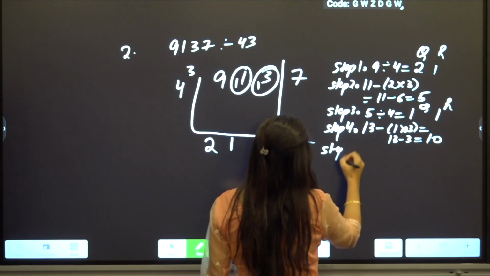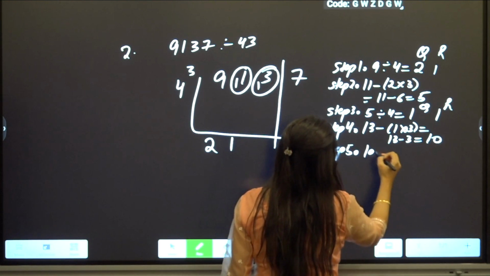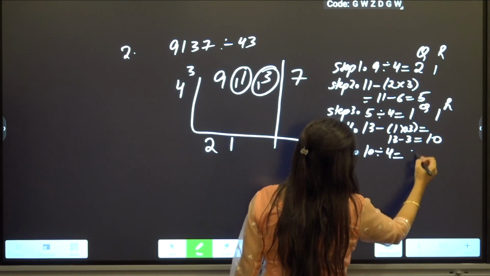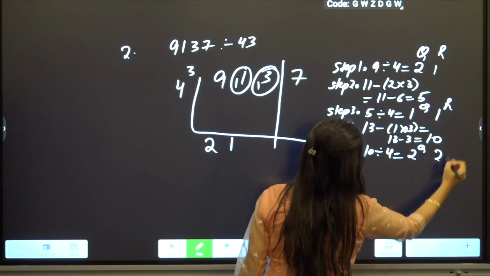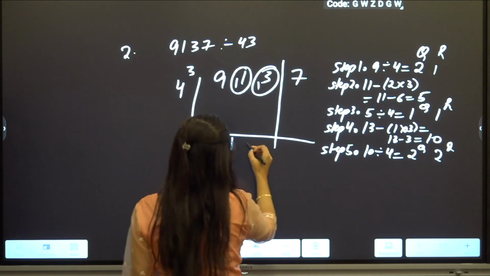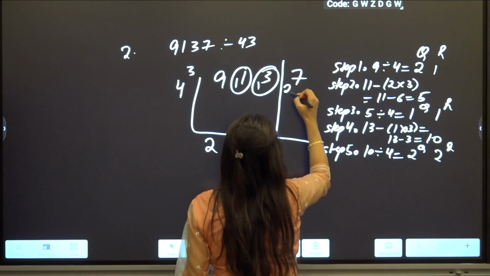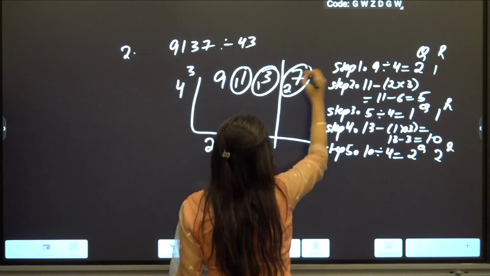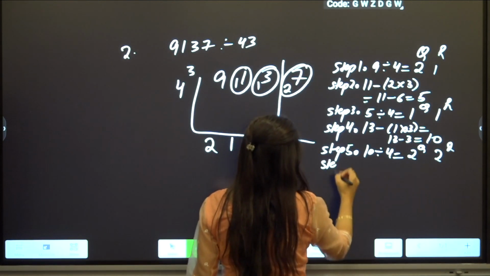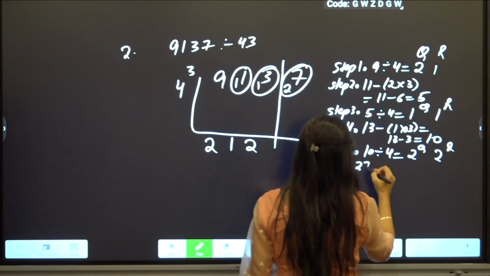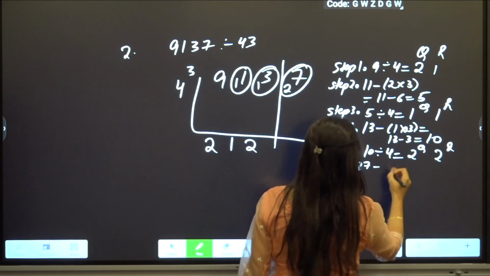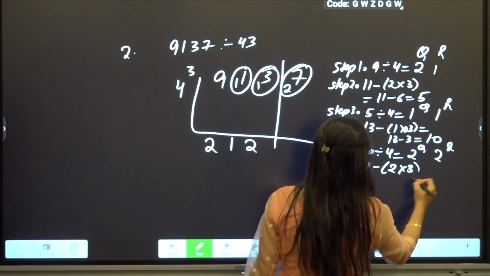Step 5 is 10 divided by 4, where 2 is the quotient and 2 is the remainder. So 2 I am going to write it over here, and the remaining 2 I am going to place it over here. Step 6 is 27 minus 2 into 3, which is 6.